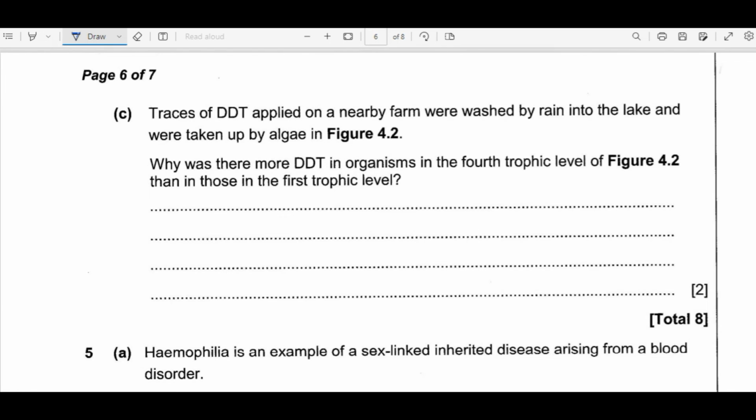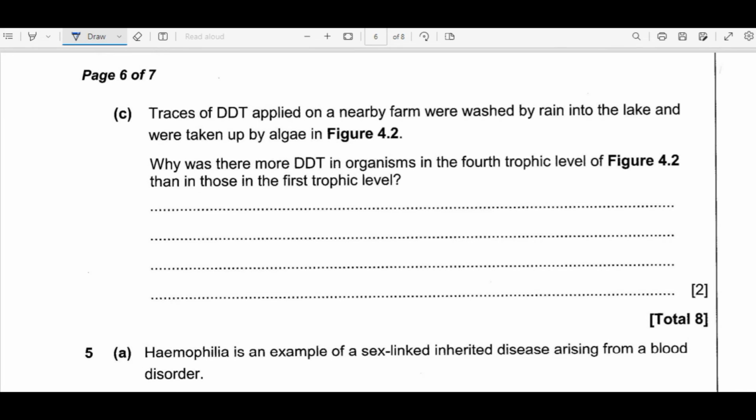It is used by the farmers. Now this word DDT is a long word, pronounced as diphenyl trichloroethane. So its importance is that it is used to control pests.